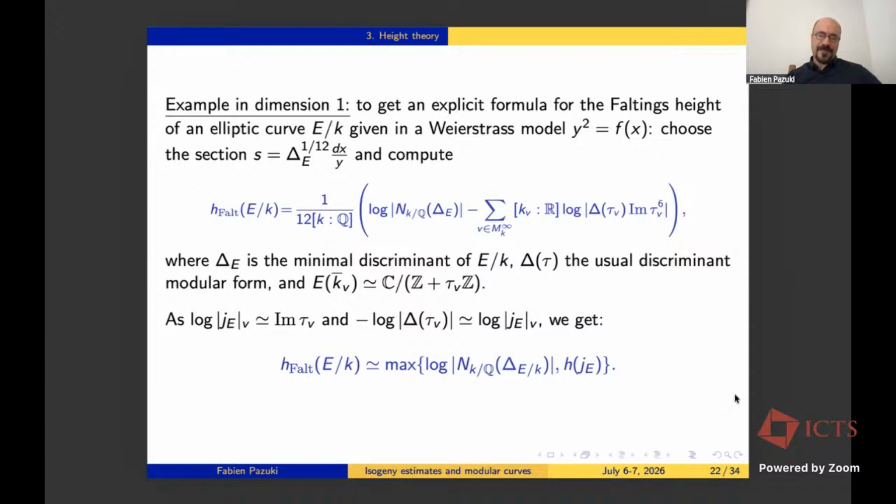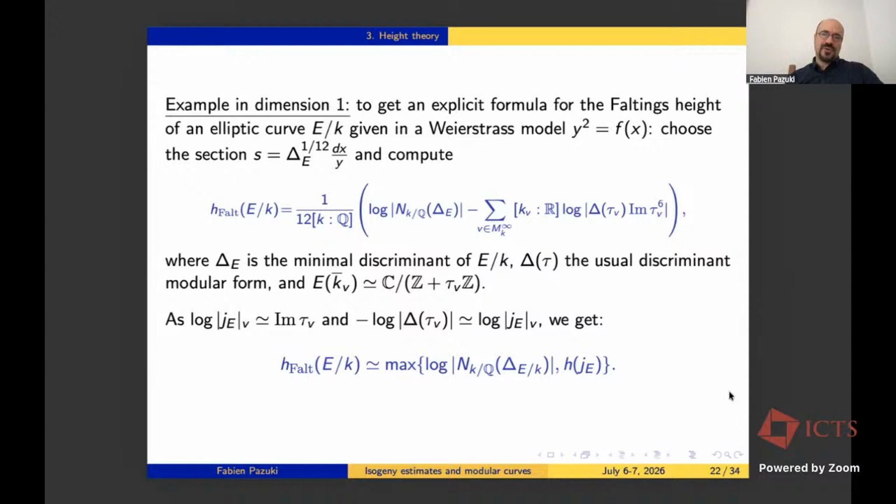I think it's nice to see that, because in higher dimension we don't have easy invariants like this. However, we do have the Faltings height, and essentially it's supposed to encode enough information, as it does for these elliptic curves. So it's good to keep that in mind. Okay, so in dimension 1 it gives us something very relevant.